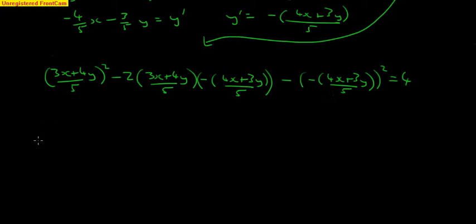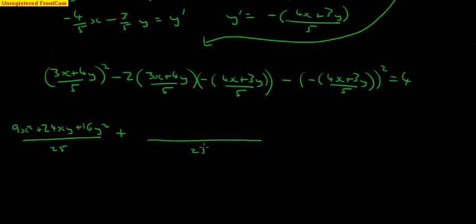Okay, this first part is going to be over 25, because 5 squared is 25, so we're going to get the square of the first, 9x squared, double the product, because we're squaring, 4 3's are 12, we're going to get plus 24xy, and square the last, plus 16y squared. Now we're going to get a minus times a minus here, so this is going to be all plus in this one, and it's going to be, again, 25 on the bottom. 3x times 4x is 12x squared times the 2, so that's going to be plus 24x squared.